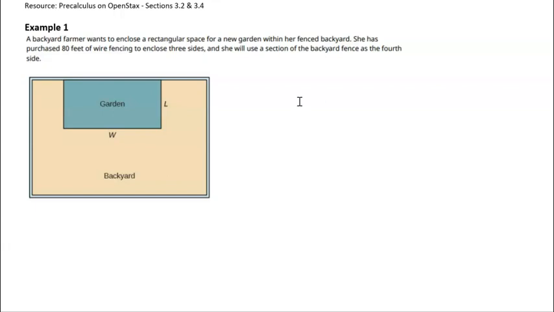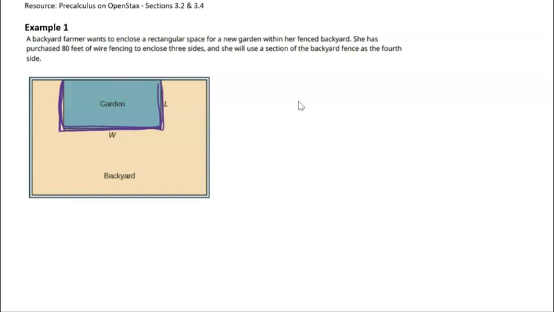She has purchased 80 feet of wire fencing to enclose the three sides. I'm going to label my diagram with that. So here's my garden, and I have 80 feet that can go right here.